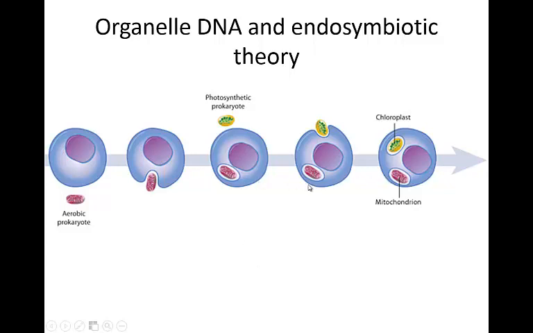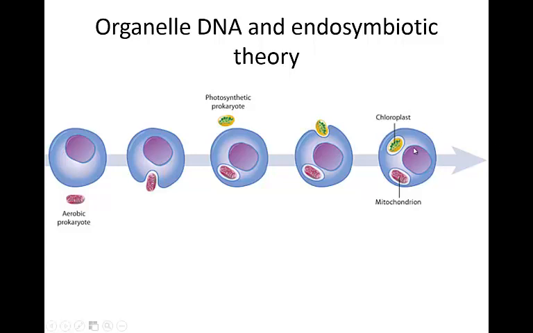Similarly, with the photosynthetic prokaryotes, if it was taken up, this is encoding genes that are going to do photosynthesis, and so making sugars for the plant. Again, very beneficial, and so it was likely to stick around for quite a while.